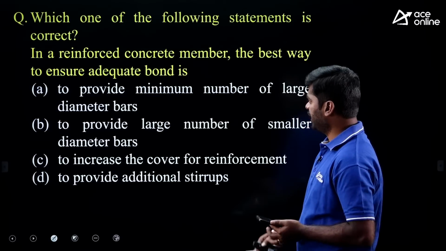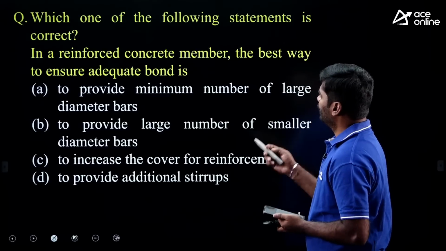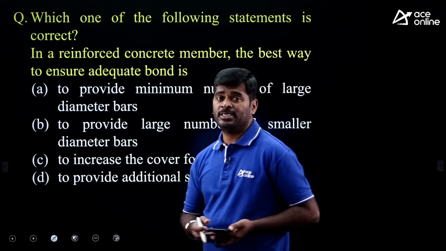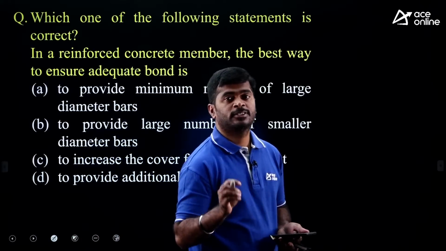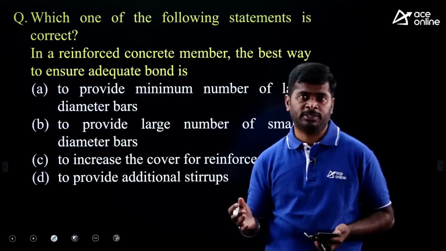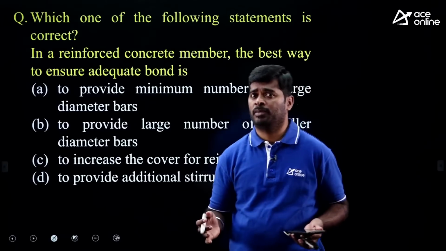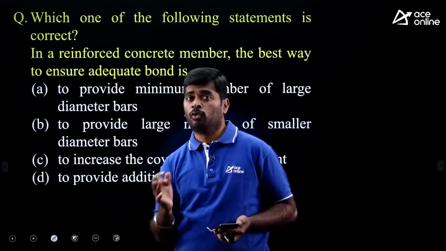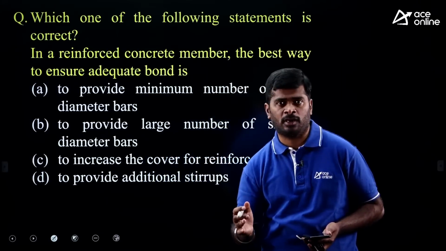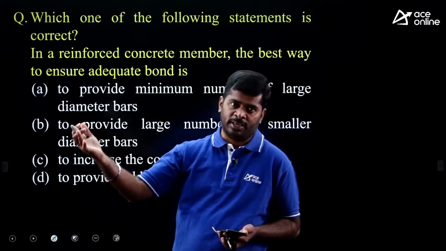Very good, Mr. Uma Mahesh. My dear, if the section is not safe in bond, the best way is selecting a smaller diameter than the design diameter, such that we get more number of bars. As the number of bars increases, surface area increases. When more surface area is in contact with the concrete, then automatically bond stress will increase.